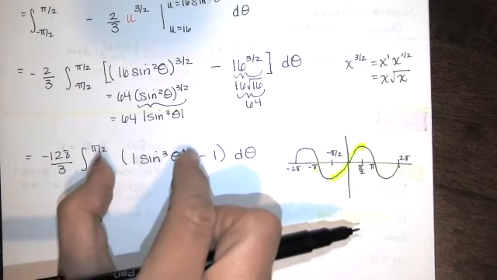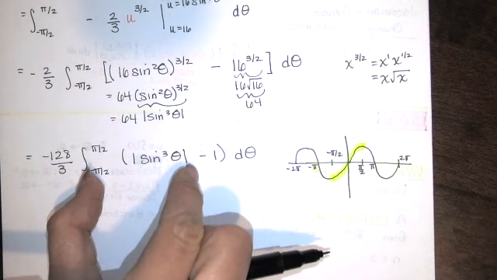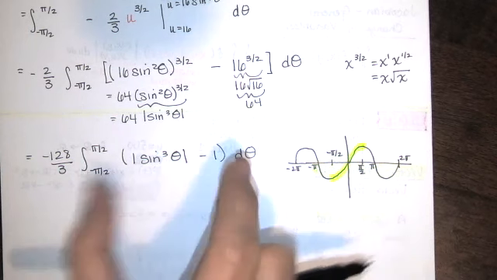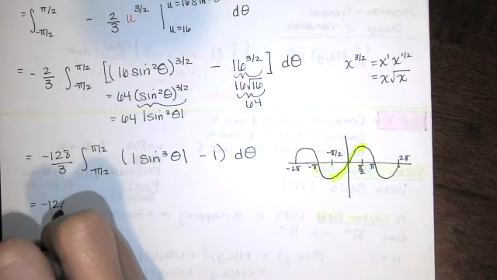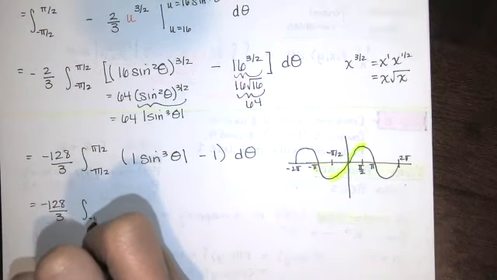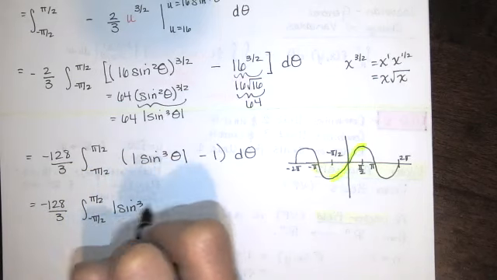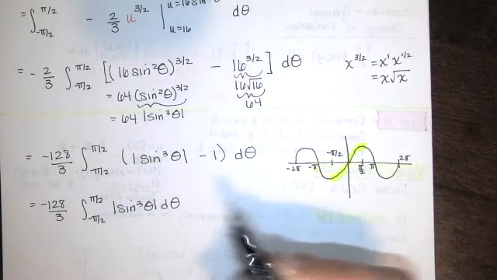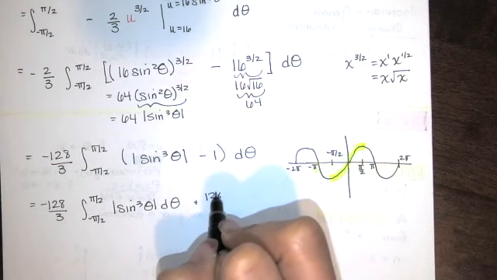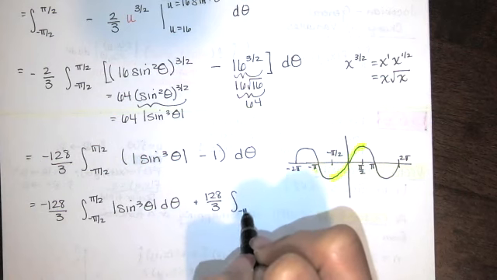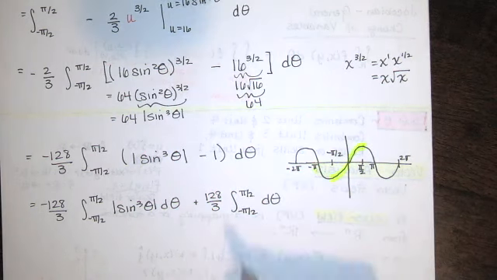We're going to split this up, the integral from negative pi over 2 to pi over 2 of the absolute value of sine cubed, into 2 integrals. And then we're also going to split this larger integral up into 2 integrals. So let's do that. And then I've got this times the -1, which is going to give me a positive 128 over 3, times the integral from negative pi over 2 to pi over 2 of 1 d theta.